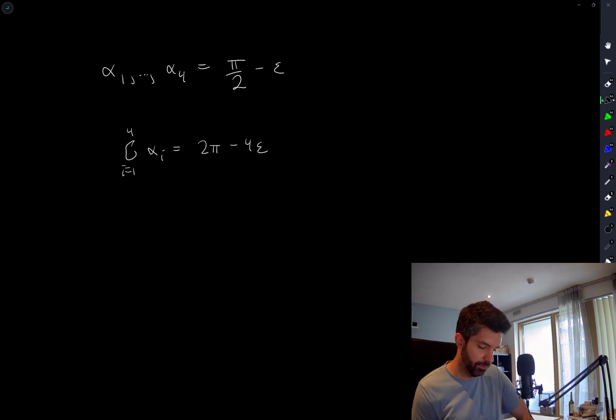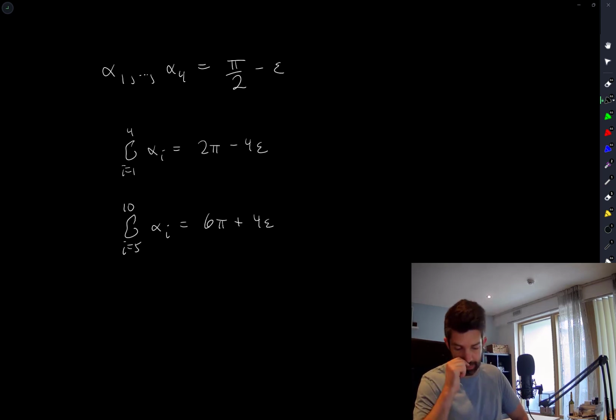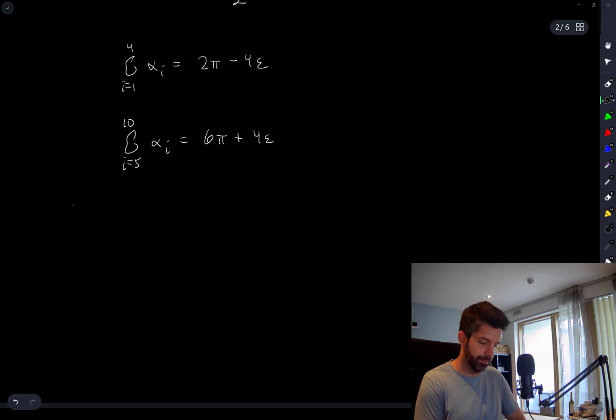So then what I could do is say that the remaining angles have to add up to 6 pi plus 4 epsilon. Yeah, and that's not possible. Okay, so the answer is going to be 3 then.